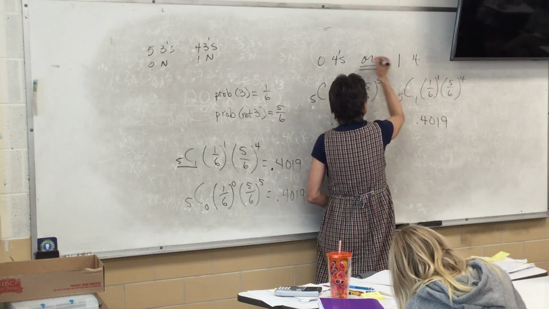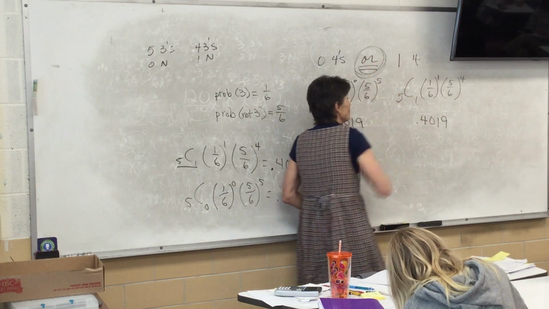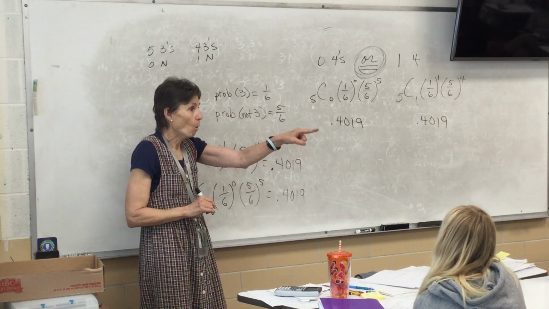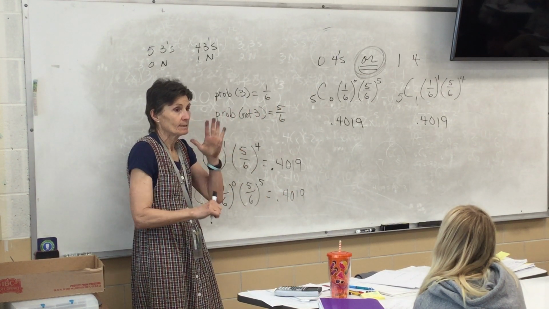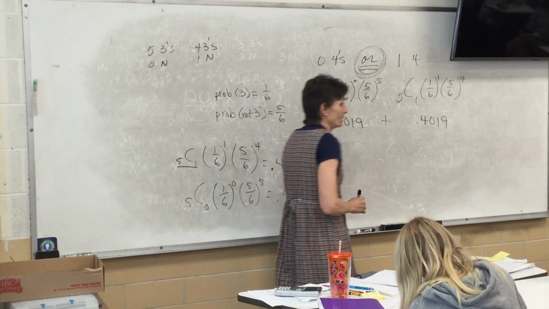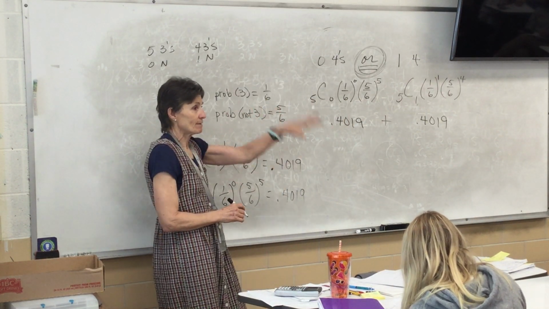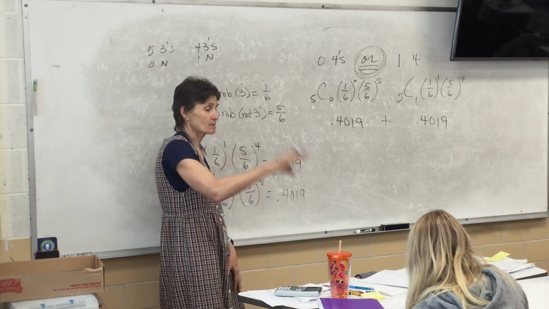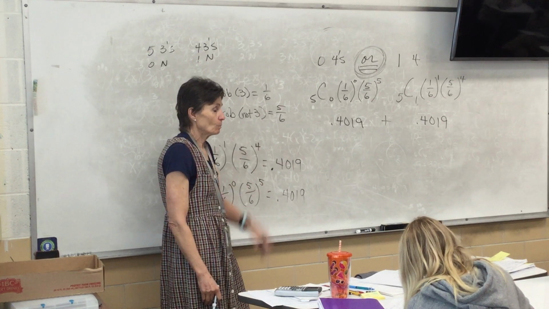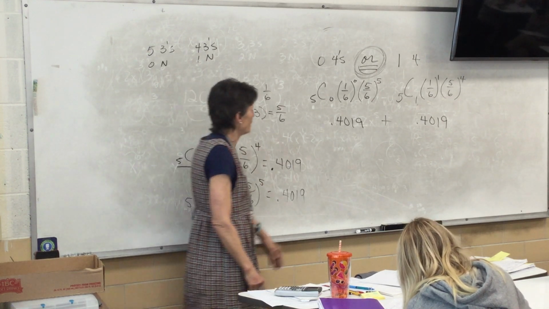What am I going to do with these 2 answers? I told you the other day. Or means add. I'm going to add them together. I want the total probability. The probability of none plus the probability of 1. Remember, when it's an and, you multiply.